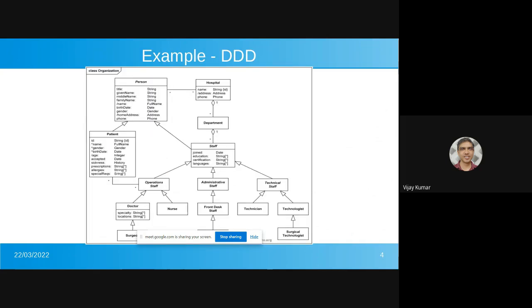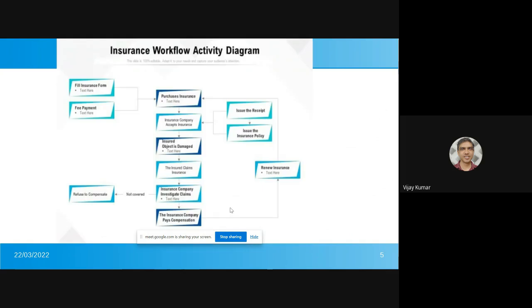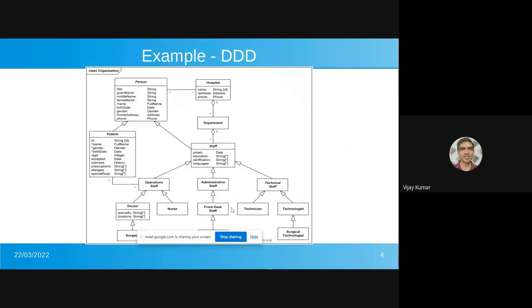If you go and try to read your domain model or your class diagram, you will always find these wordings. When you are working for a hospital, you will have patient, doctor, nurses, front desk staff, technicians. If you don't understand the domain, you will never be able to understand the code.